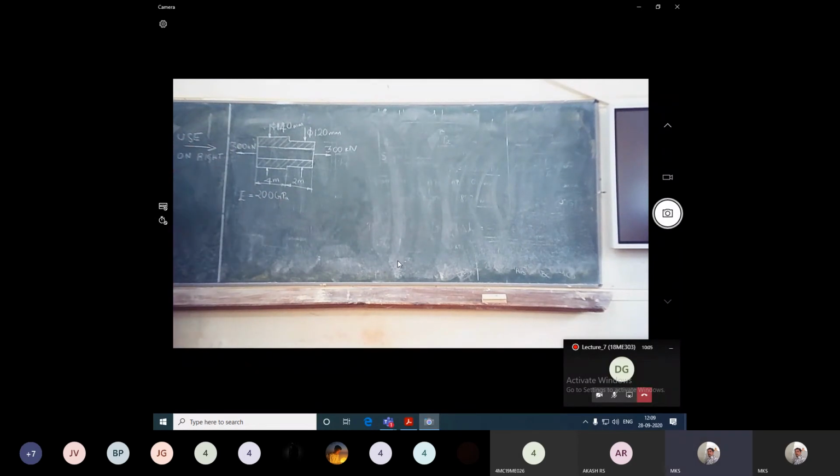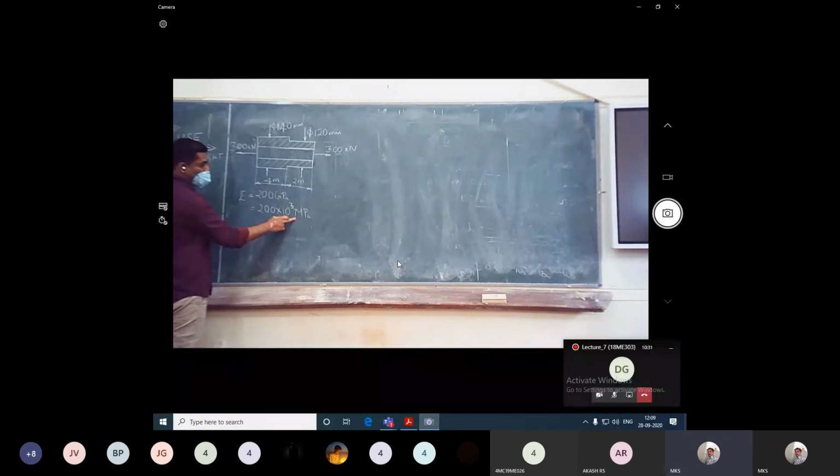Convert this gigapascal to pascal. 200 into 10 power 9, so we'll convert this to 200 into 10 power 3 megapascal. 9 minus 3, the remaining is 10 power 6, and 10 power 6 is mega.